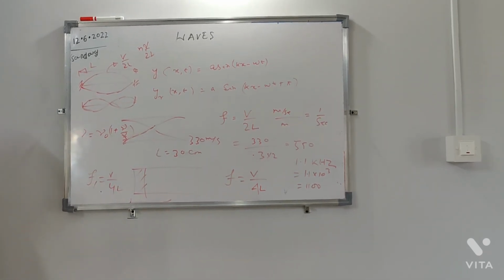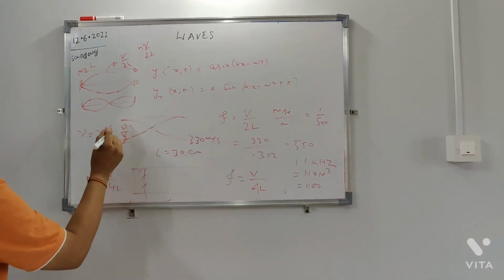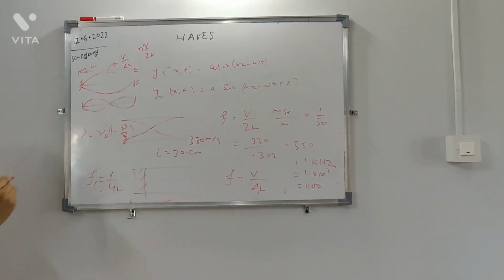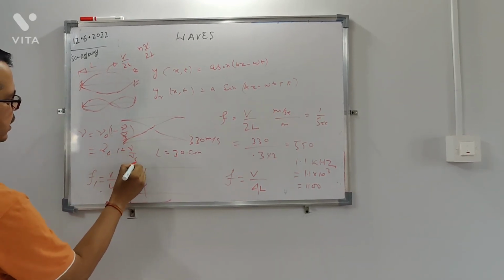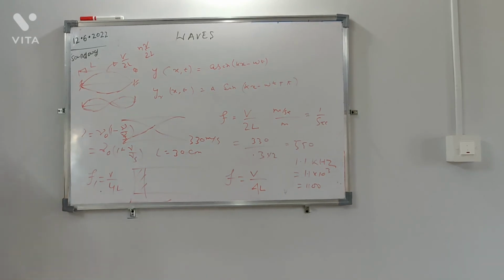When the source is moving away, your frequency will decrease, so it will be minus. If it is coming closer, your frequency will be plus. Here v0 is the frequency of your source.